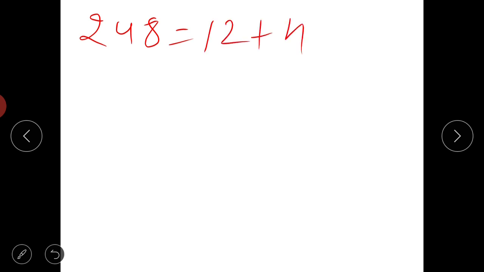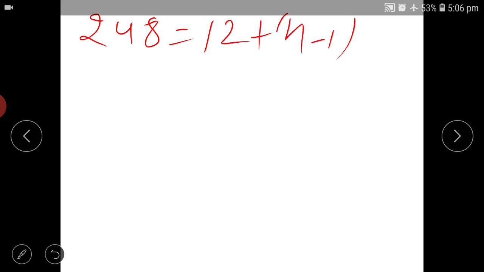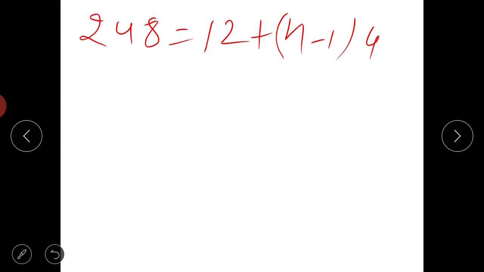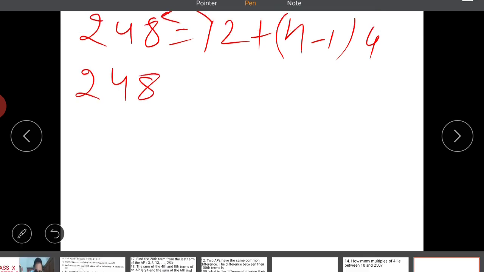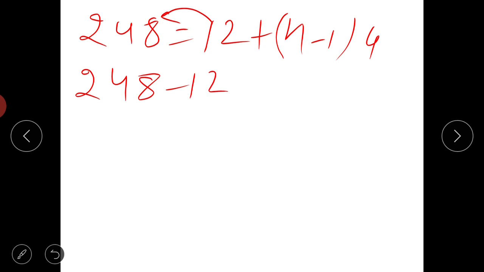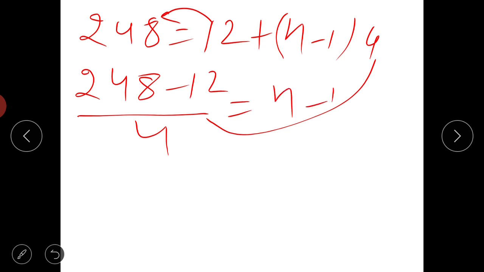So 248 equals 12 plus (n minus 1) into 4. Transposing 12 to this side, it becomes minus: 248 minus 12. The 4 is in multiplication, so transposing it, it will be in division, equal to n minus 1. 236 divided by 4 gives 59, which is equal to n minus 1.